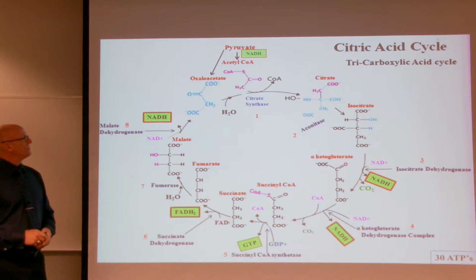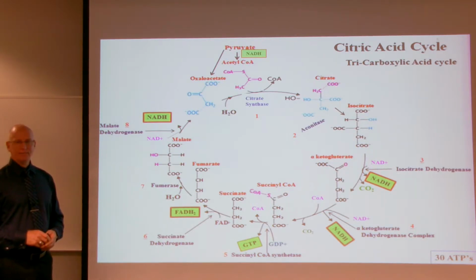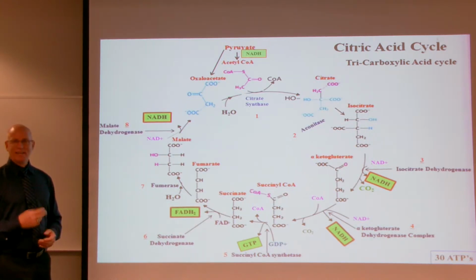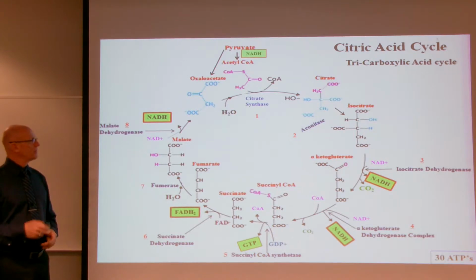So after citrate, we're going to have a dehydration. A water molecule is going to come out, yielding cis-aconitate, and then the water molecule will come back in to yield isocitrate. So basically, I've eliminated the dehydration and the hydration. The purpose is to get citrate into its isomer, isocitrate, which is also a 6-carbon molecule.